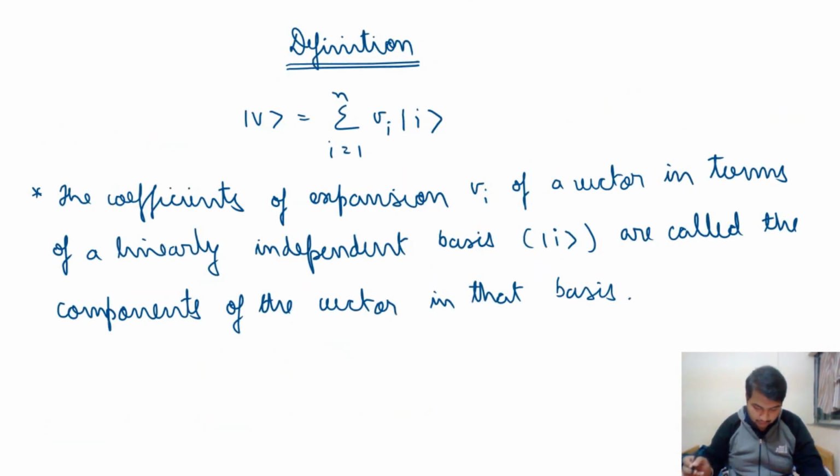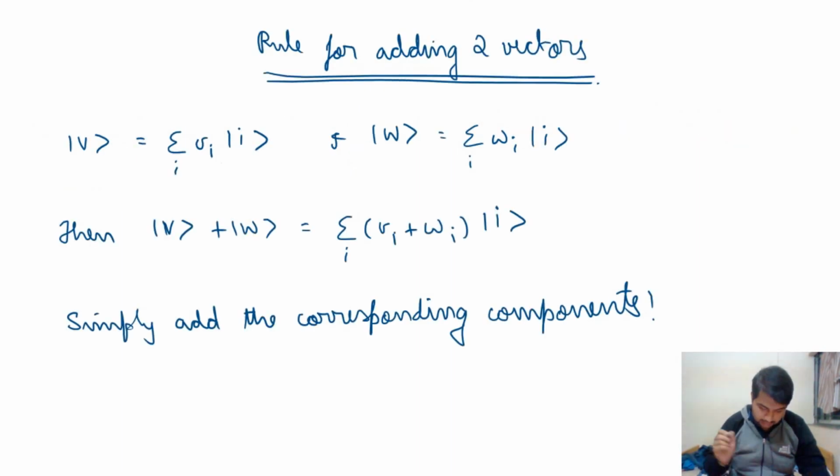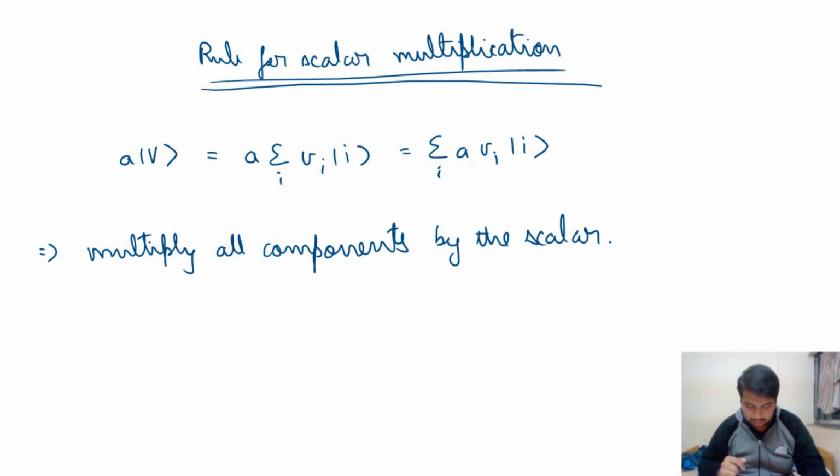We also saw that we can define components with respect to a given basis, and we proved a theorem that the components are unique for a given basis. We also saw the general rule for adding two vectors in terms of their components, and how to perform scalar multiplication using the component representation.